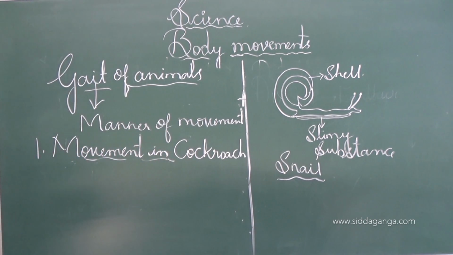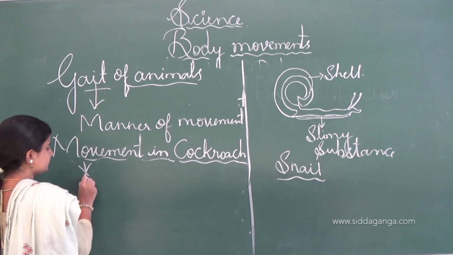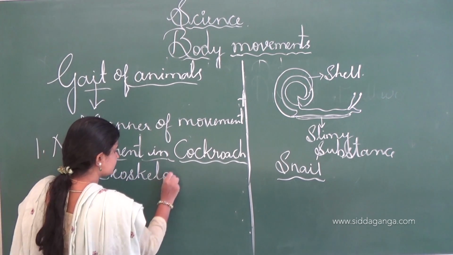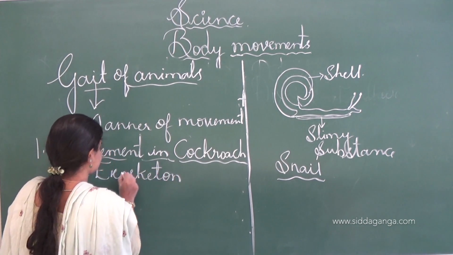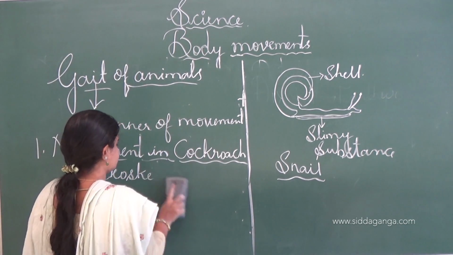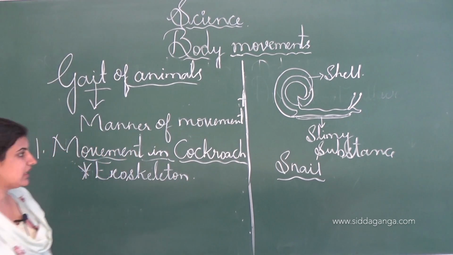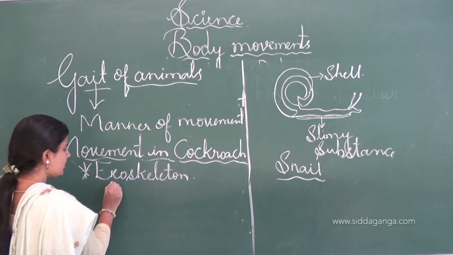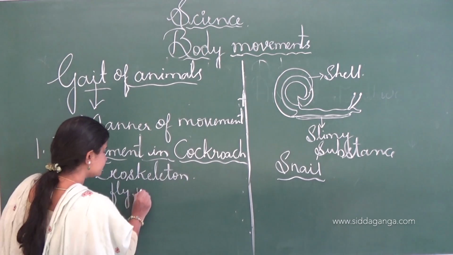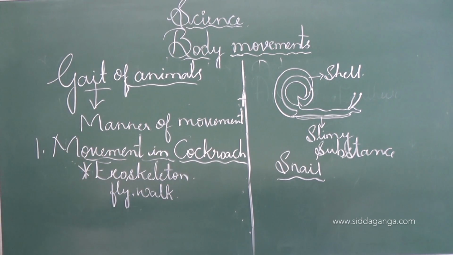In the cockroach also, the exoskeleton type of bones is present. Most cockroaches fly, to some extent walk, and also climb.